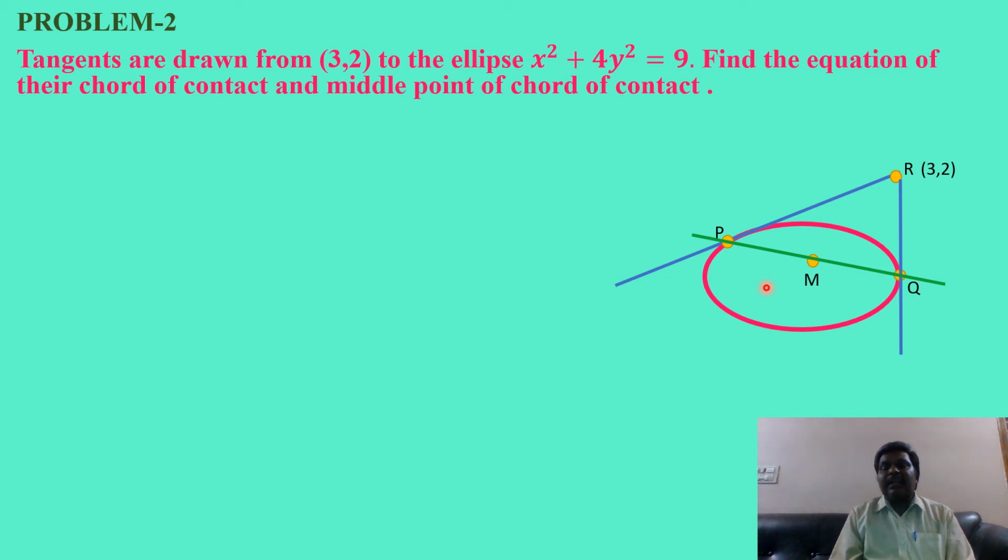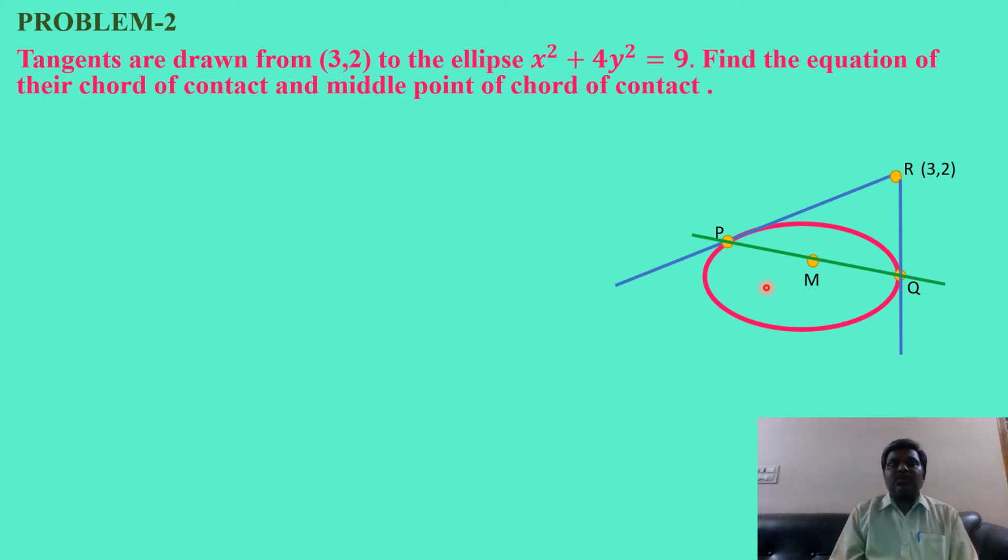But I am not going to use that method. Without finding the points of intersection, I am going to find its midpoint. Understand? For that I am going to use the calculus method.